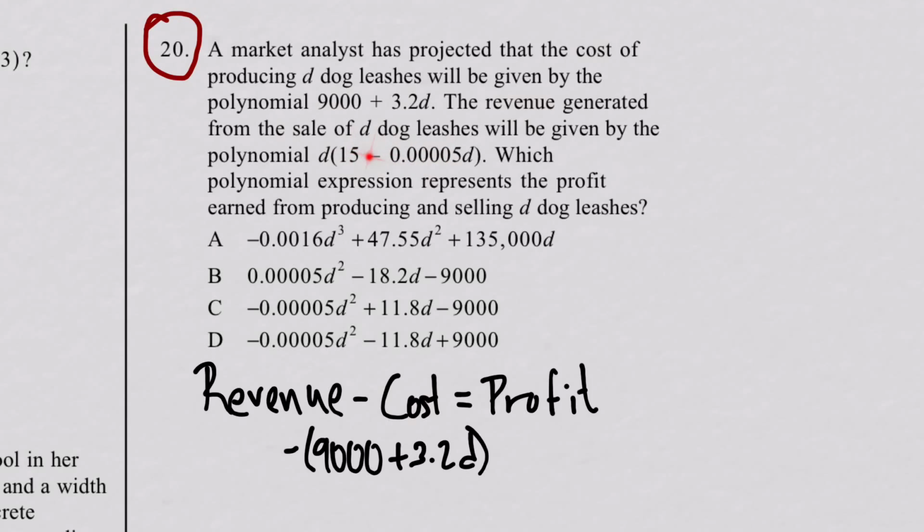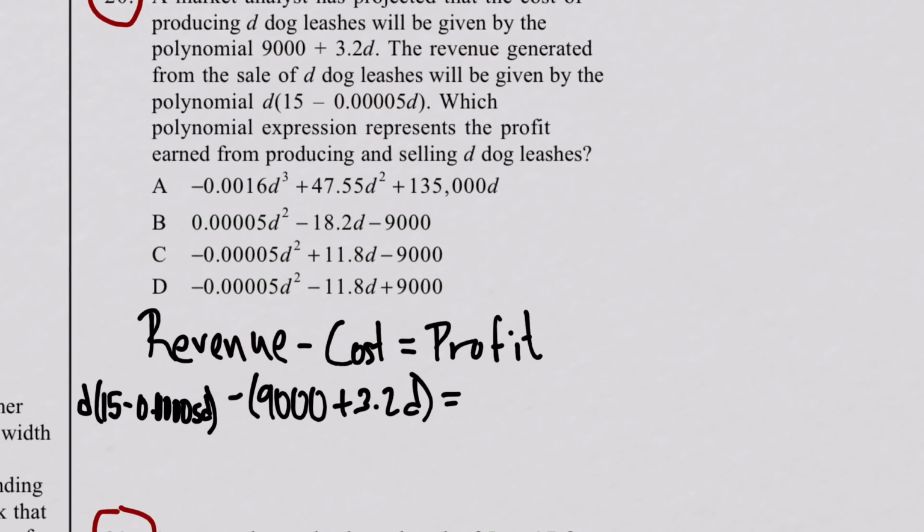So I'm going to plug that in right here for the revenue. So that's going to be D times 15 minus 0.00005D. Close the parentheses. And the total of those two will give me the profit, which is what I want. Okay, so to start this, first I need to make some space over here.